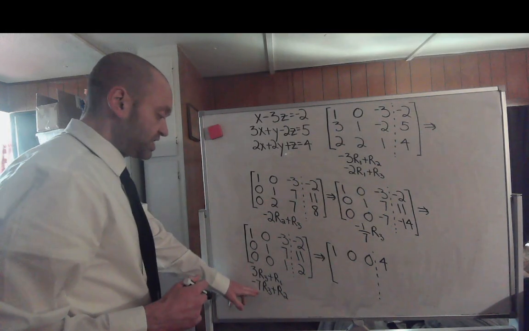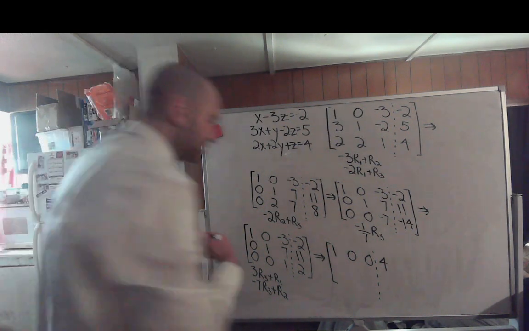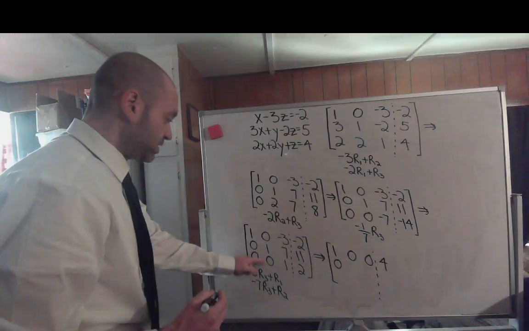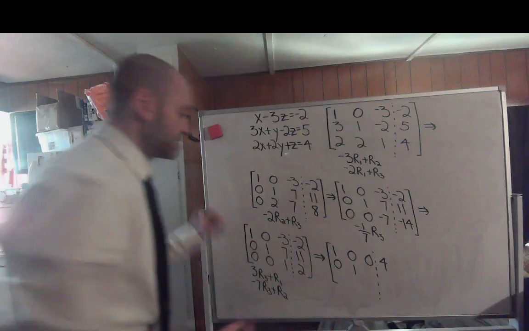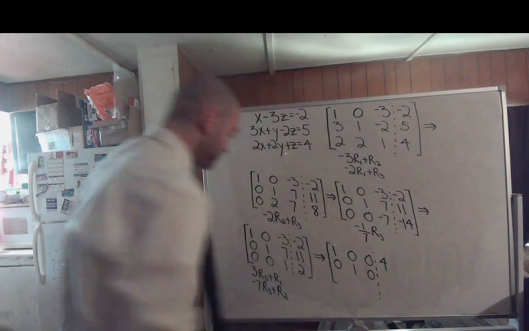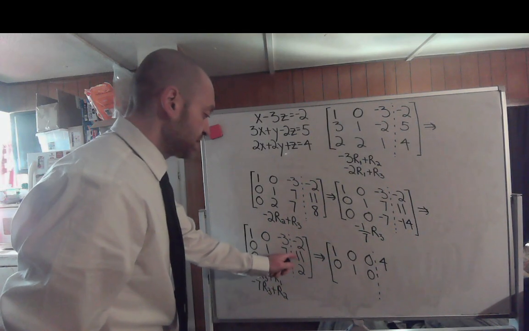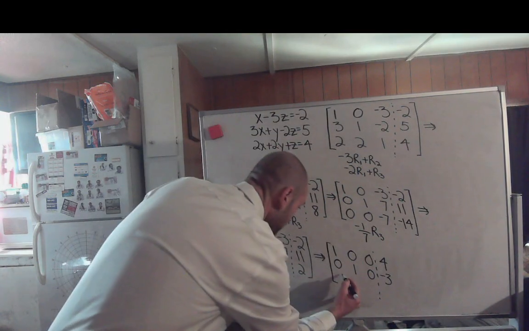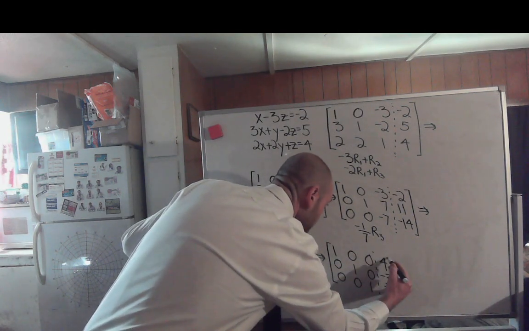Now, negative 7 times row 3 plus row 2, so 0 plus 0 is still 0. And then 0 plus 1 is going to be 1. Negative 7 plus 7 is 0. Negative 14 plus 11 is going to be negative 3. And then you have your third row, 0, 0, 1, and 2.